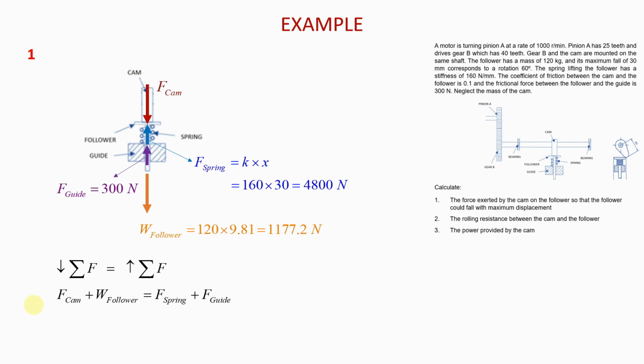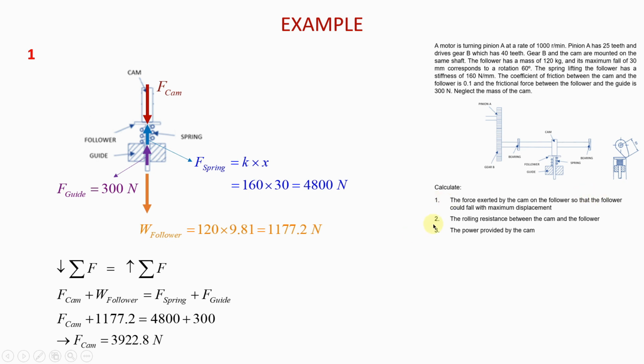And the forces pointing up are the reaction of the spring and the frictional force between the guide and the follower, okay? And so you will write your equation like that, and filling in the numbers, this is what you get. And from there, it's very easy to find the force that is exerted by the cam, okay? And that will be 3,922.8 newtons. Once you have the force exerted by the cam, you pretty much have solved question number 1.